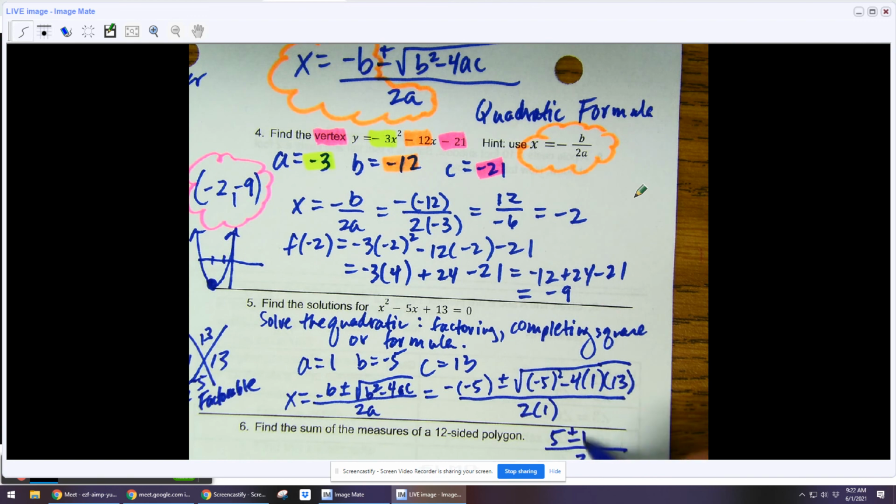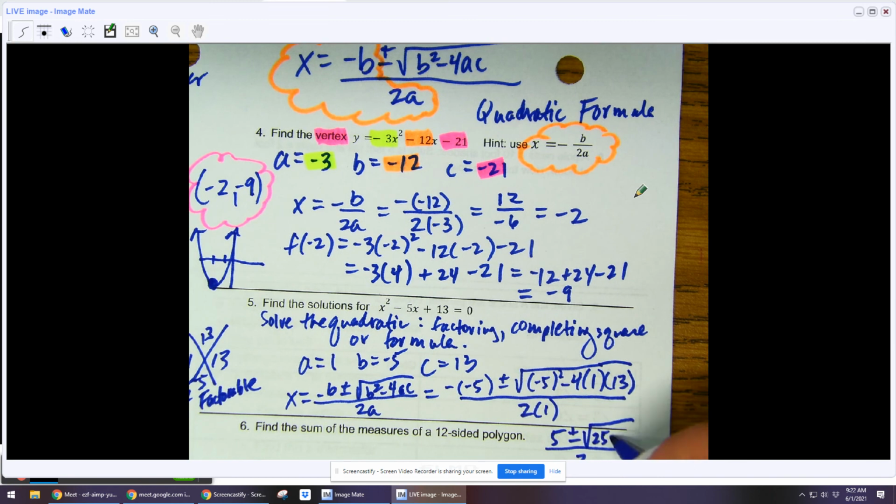And under the square root is going to be the discriminant of 25 minus, what is 13 times 4? That is 52. So 25 minus 52, you might be thinking, uh-oh, that's going to be a negative number.